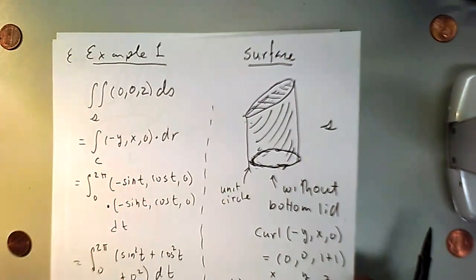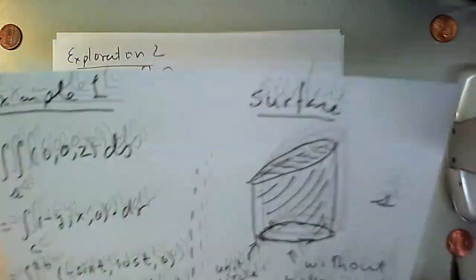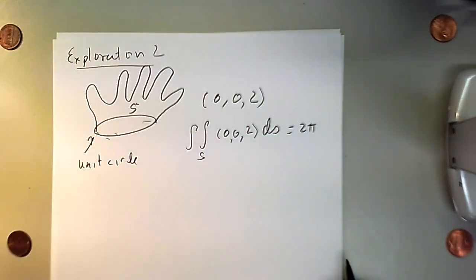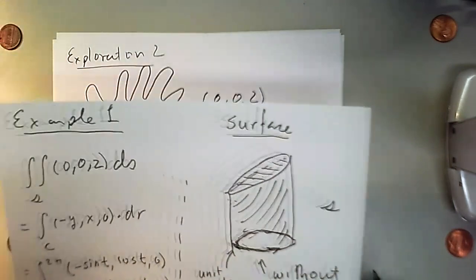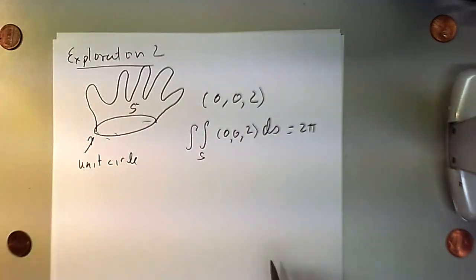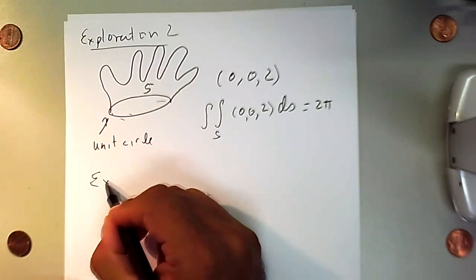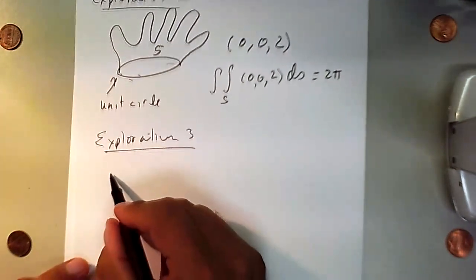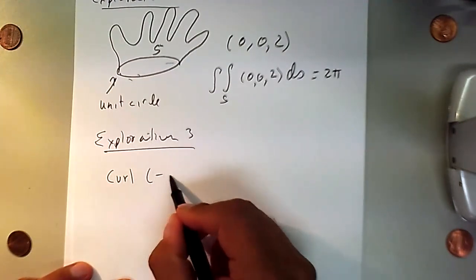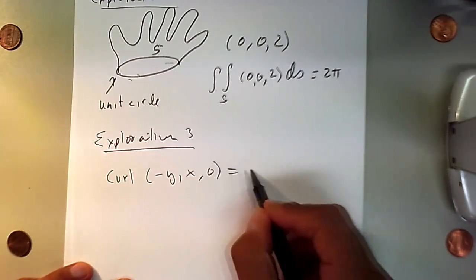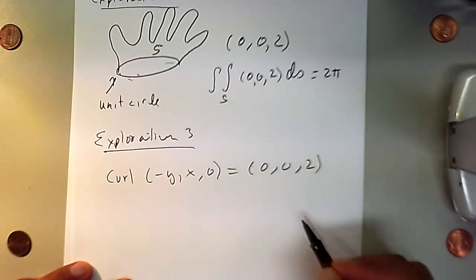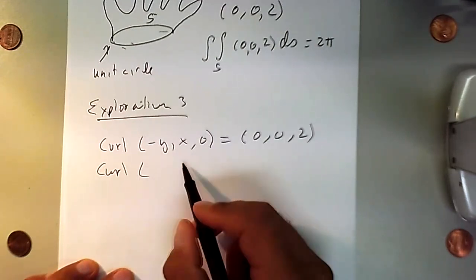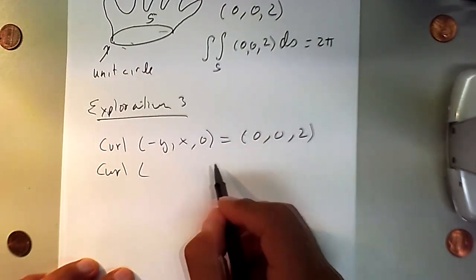I thought I was going to tell you one other thing that just occurred to me, but it escaped my mind. Oh, yeah, I remember. Exploration 3. Okay, so the curl of negative y, x, 0 gives us 0, 0, 2. Is there any other function that could give us the same one?